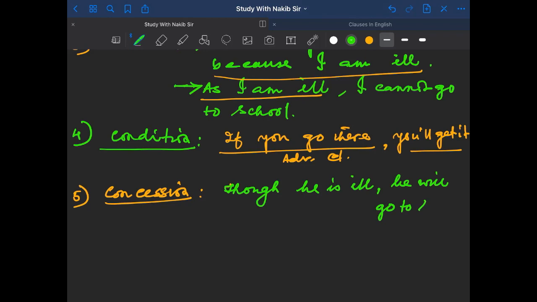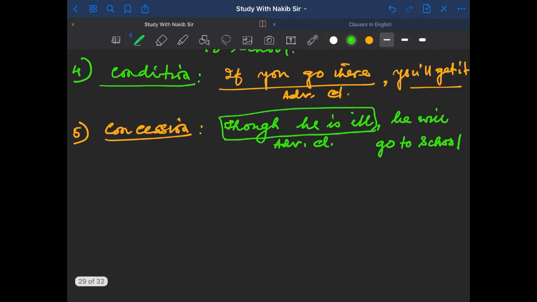Though he is ill, expressing a concession. So it is natural that he won't go to school, but he is going to school. This is the concession. So it is an adverb clause. Though he is ill is a concessional adverb clause. He will go to school is a principal clause.